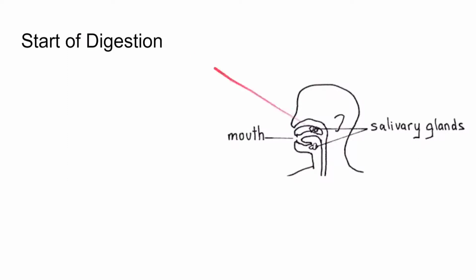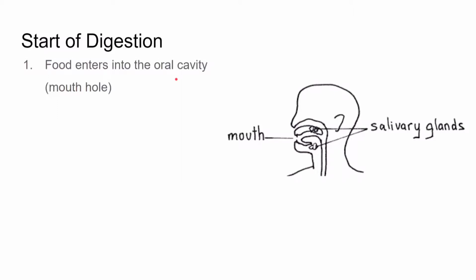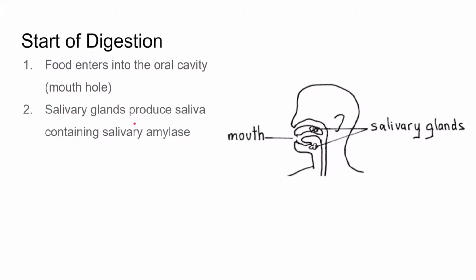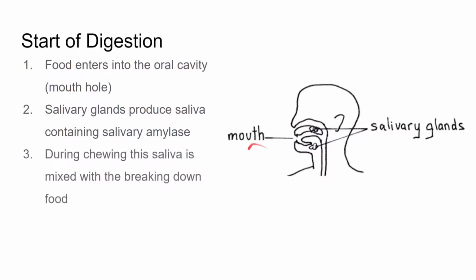Now we can start looking at the actual process of digestion. The first stage of digestion is when the food enters into our oral cavity. Oral cavity means our mouth hole, basically. Oral meaning mouth, cavity meaning hole. The salivary glands produce saliva containing salivary amylase. You can see in this diagram we have our salivary glands producing this saliva containing enzymes, which mixes with the food we're chewing.